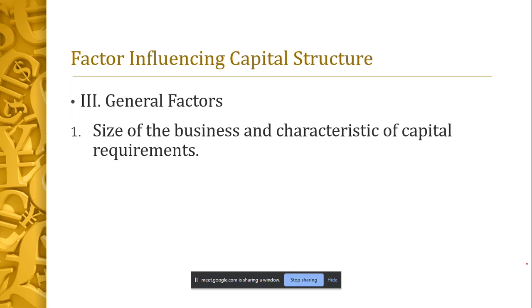These are some of the things which influence the characteristics of capital requirements in an organization. Hopefully, you have taken down. Now, these points are very random, that is, there is no link between them, but these are the points which you can take down under size and characteristics of capital structure.